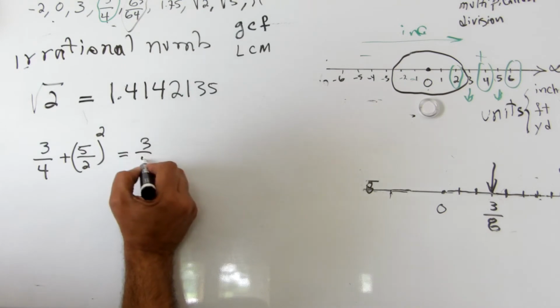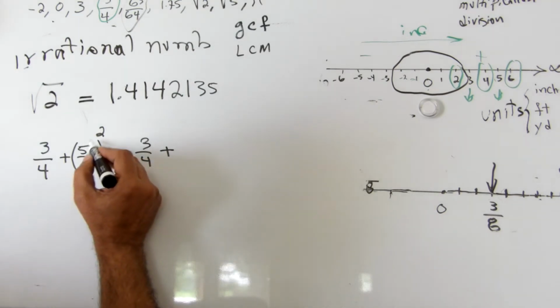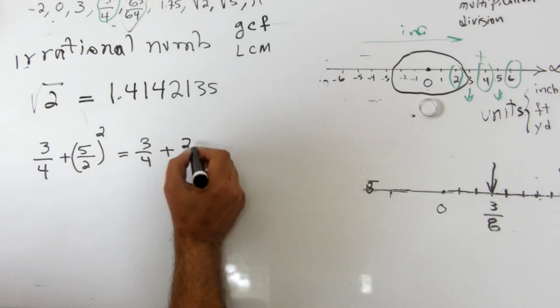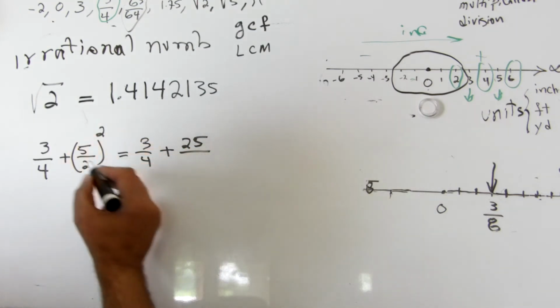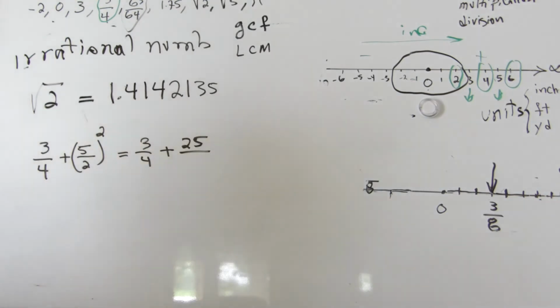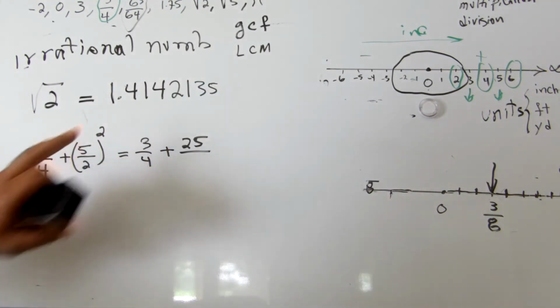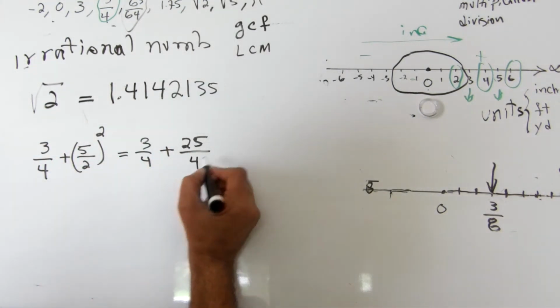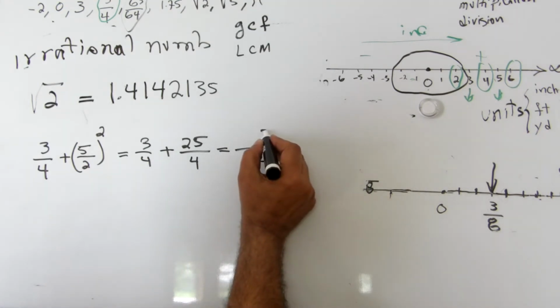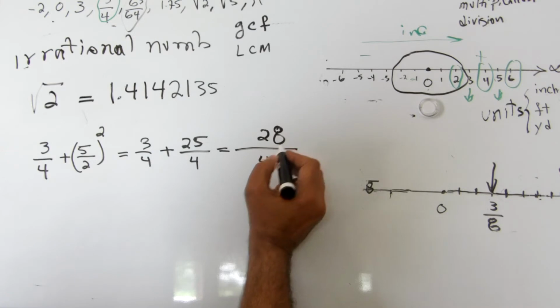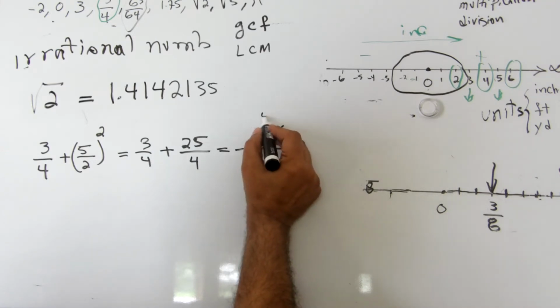We have 3 over 4 and then plus 5 over 2 to the power of 2. 5 to the power of 2 is going to be 25, 2 to the power of 2 is going to be 4. So then the result is going to be 28 over 4, which we divide all by 4.